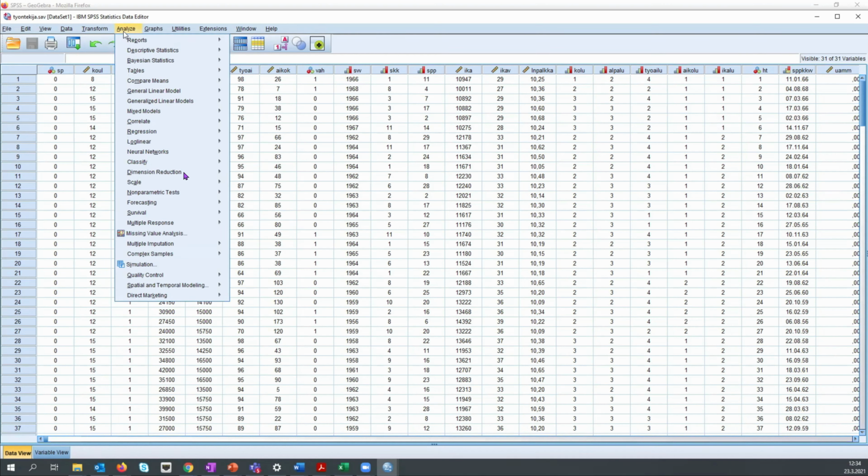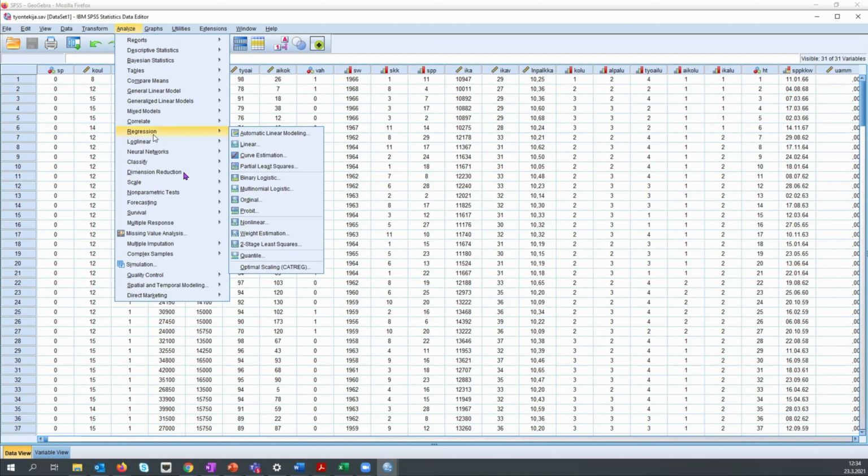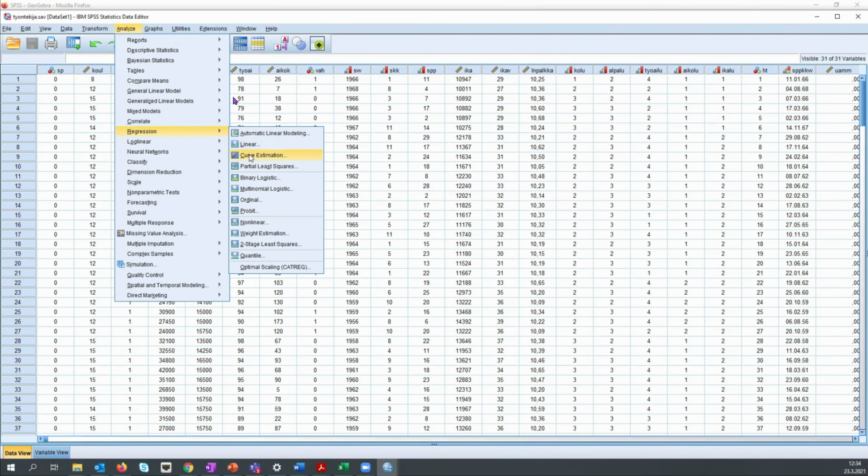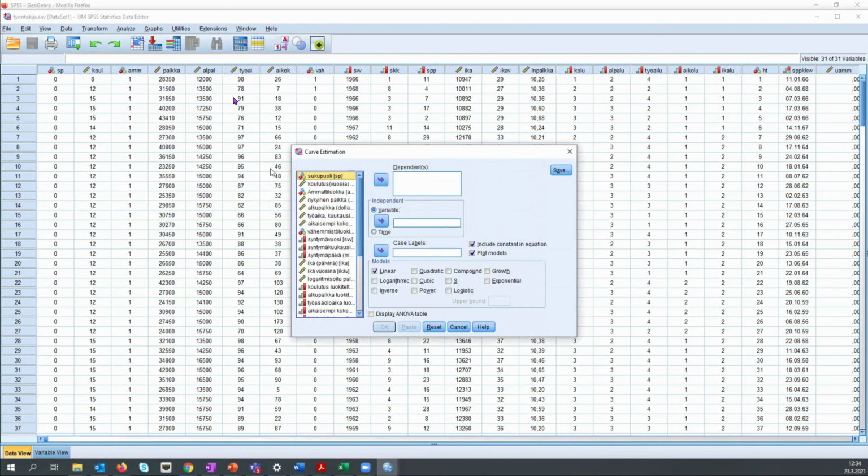So when you go to the Analyze part and you take Regression, what you did in your statistical reports, you take the linear one. But now you can take also the curve estimation part. The first one is the dependent, and I just take the current salary there.